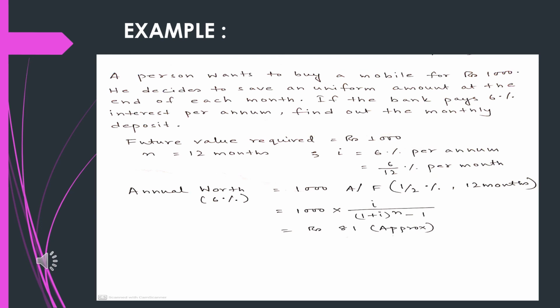If we multiply that 1000 with the formula i divided by (1 plus i) to the power n minus 1, we approximately find the value to be rupees 81 or rupees 82. This value of 81 or 82 saved each month for a continuous period of 12 months helps the person achieve his goal of buying the mobile for rupees 1000 at the end of 1 year.